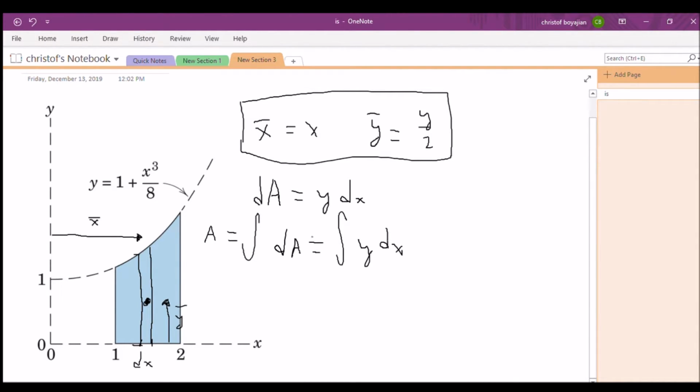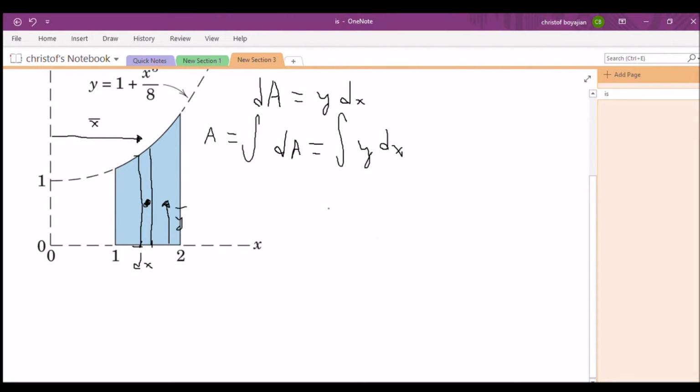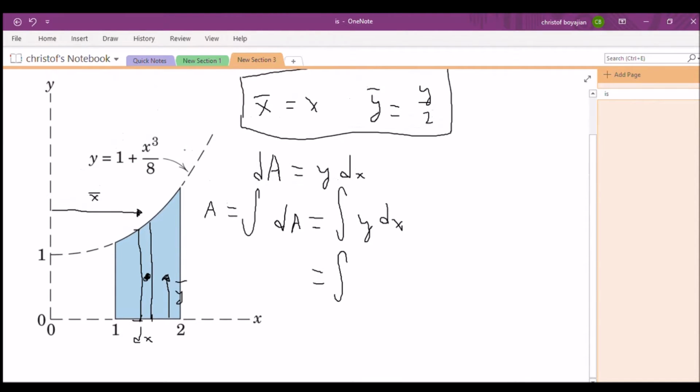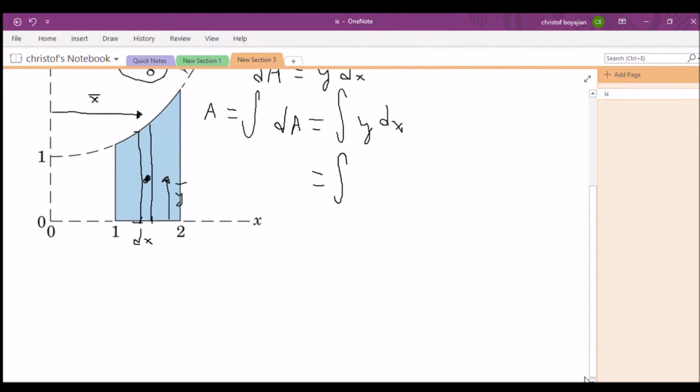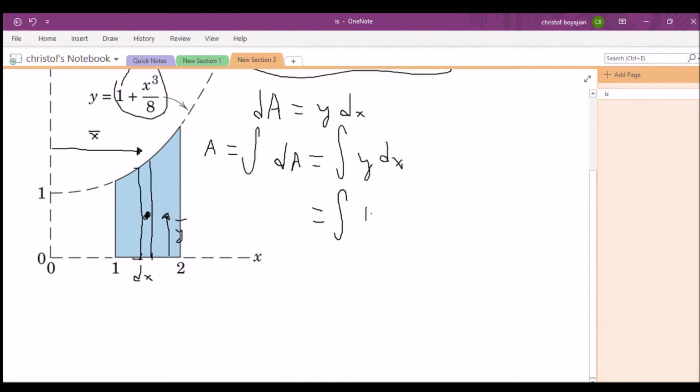We can simply replace y with this equation, because our y is basically our curve right here. So y is equal to 1 plus x cubed over 8, and all of that is multiplied by dx.